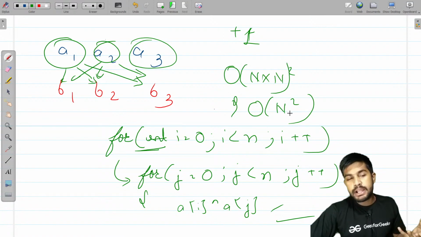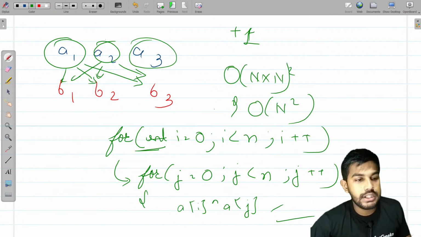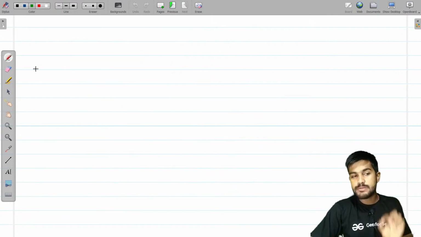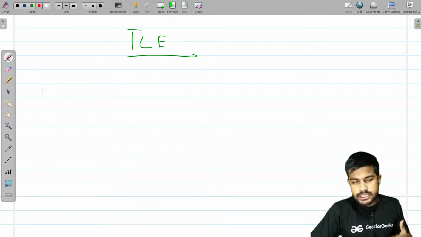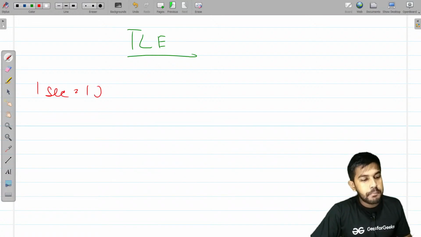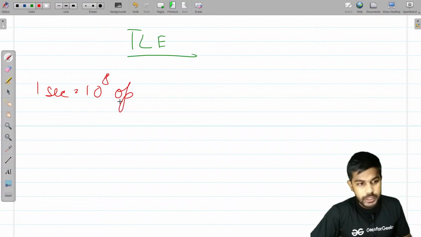Now the question comes, why is it not feasible? Why would it give me a TLE verdict? Many people don't know this. So in 1 second in an online compiler we can do 10 to the power 8 operations. Okay.